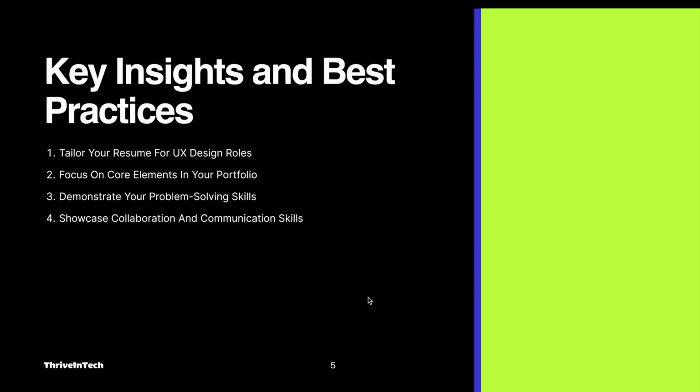With a single UX case study, it shows all of this diverse range: your research strengths, your UI strengths, everything. That's what it shows, right? And also, you need to clearly communicate your design process, explaining your approach to projects from concept to final deliverable. And that is also what the UX case study does, right?